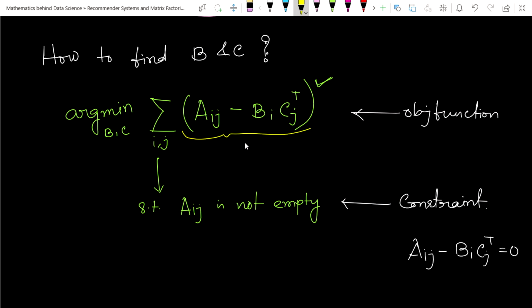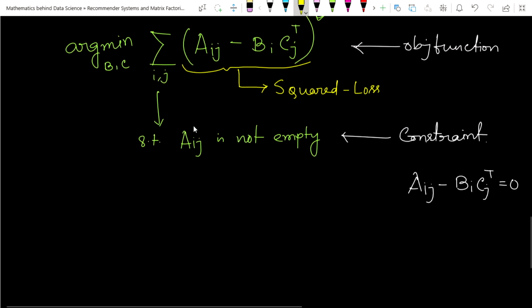We have already seen in the logistic regression chapter squared loss, hinge loss, logarithmic loss and various other losses in the regression and classification chapters. Here you can treat this as a squared loss term.